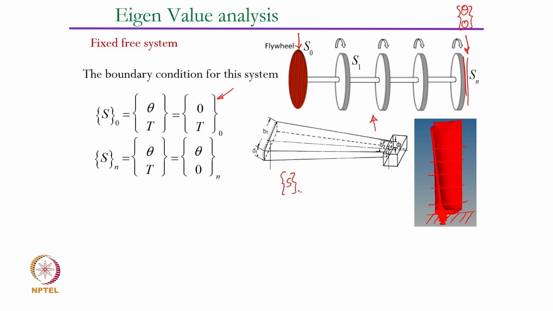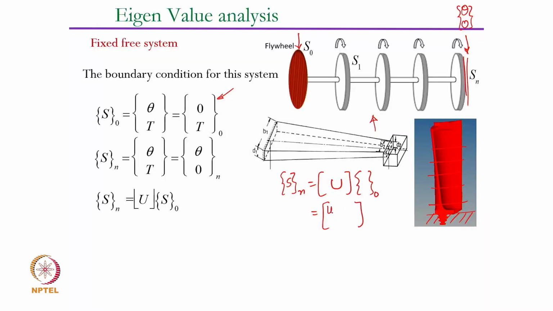Now we already have a relationship between Sn and S0. What was that? Sn is the overall transfer matrix times S0, right? Now assume that your individual transfer matrices T1, T2, T3, T4, all of them are numerically known. Finally, when you multiply, you will get what?